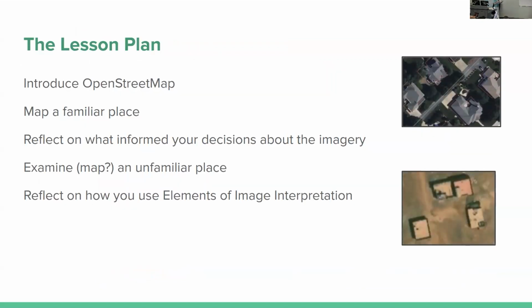So my lesson plan that I want to help build into a Teach OSM module is: map a familiar place, think about why you know what that was, but then try and map an unfamiliar place and reflect on what those elements of interpretation are to inform what you're looking at. So is this a building or is it a fenced compound? We're using those shadows to determine what those things might be.